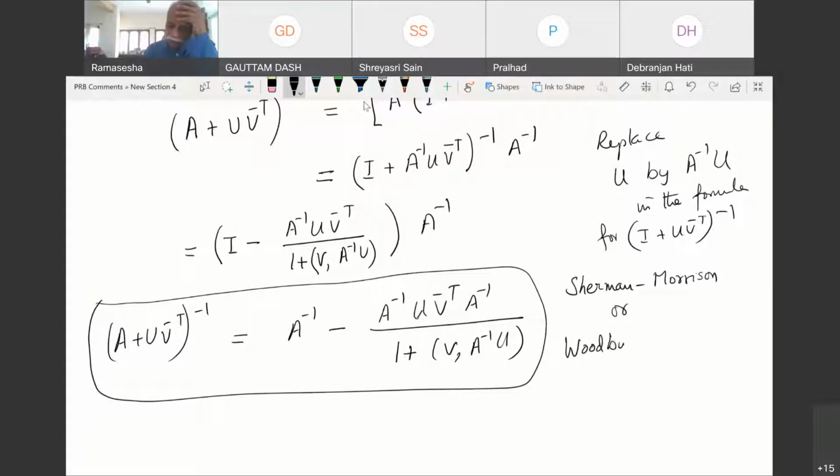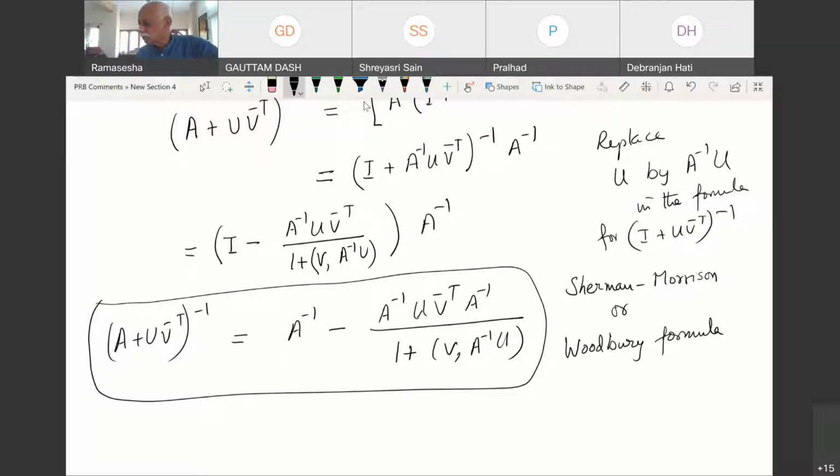So whenever you are doing Fermi and Monte Carlo calculations, which are actually quantum Monte Carlo calculations, then we have to keep updating the inverses, because the inverses come there simply because they are kind of Green's functions. We'll not worry about that one. But when you want to update the inverse of a matrix, when you change only one of the matrix elements, then this is the formula which is very simple to use. Okay.